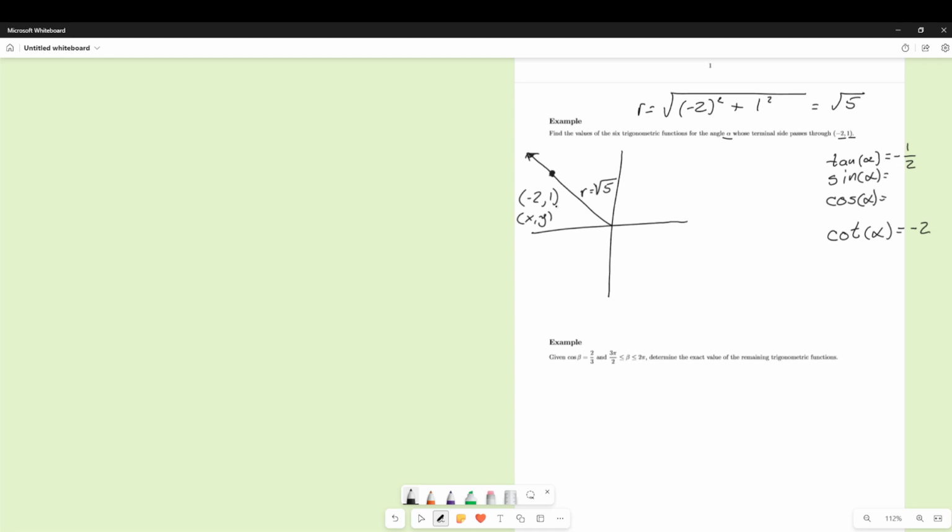Because our sine is just the y over r, so 1 over the square root of 5. And the cosine, negative 2 over the square root of 5. Again, we'd rationalize those. Square root of 5 over 5, and negative 2 square root of 5 over 5.